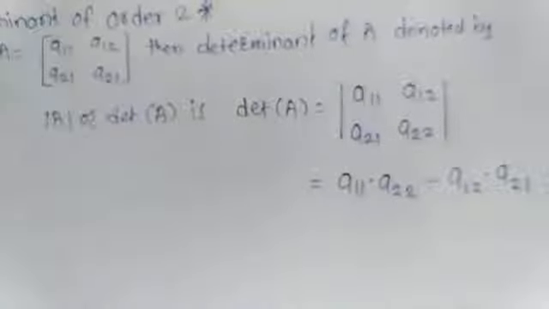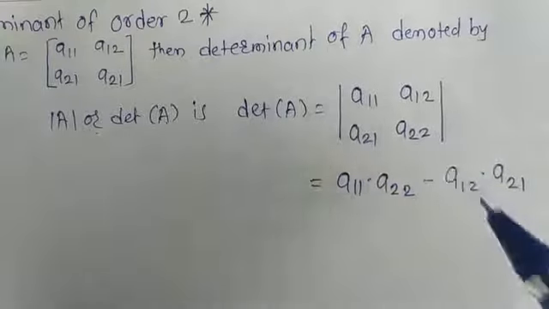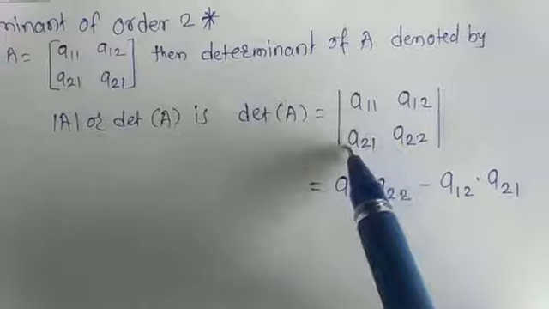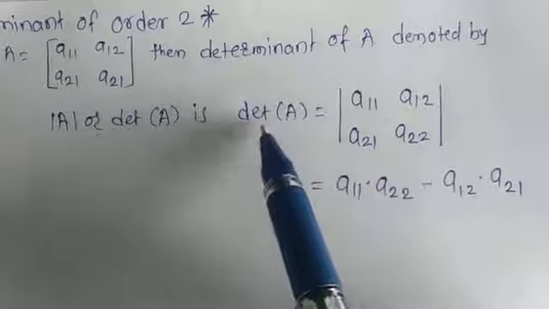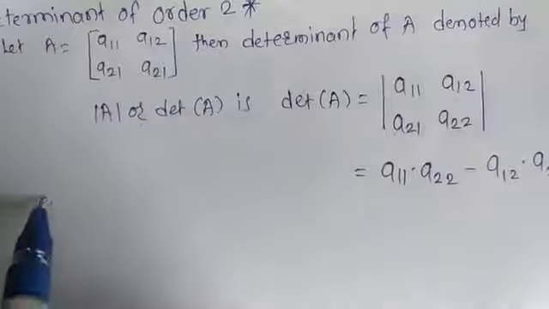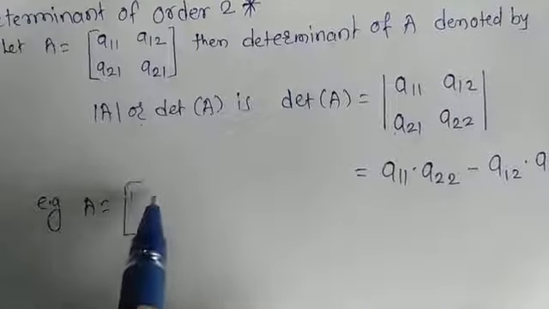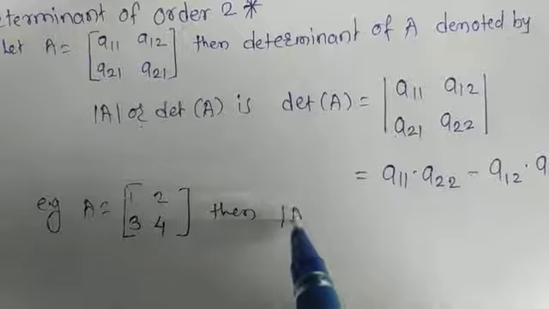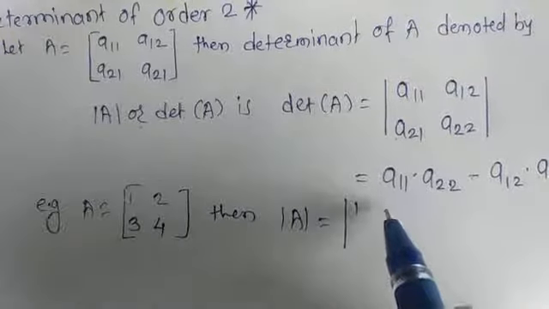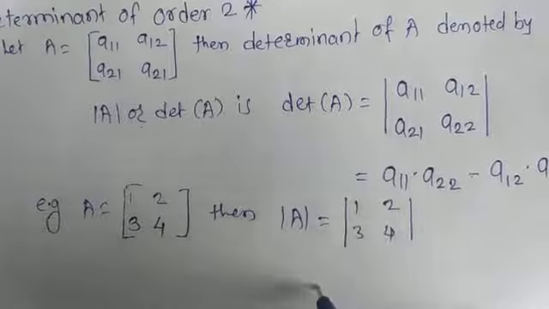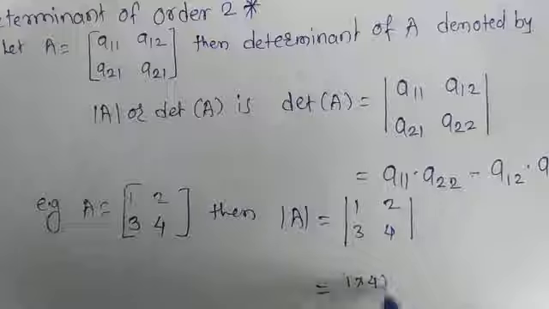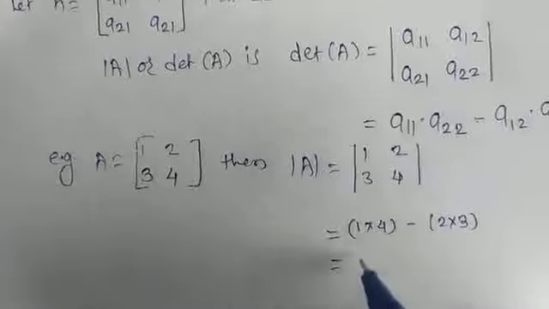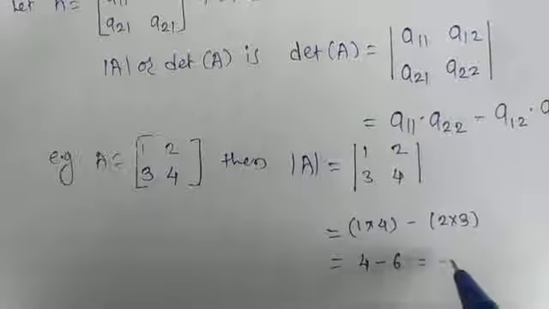Here our calculation will be A11 into A22, which is multiplication of diagonals, minus A12 into A21, which is our determinant of A. For example, if we consider a matrix A equal to [1, 2; 3, 4], then mod of A gives us 1 into 4 minus 2 into 3, which is 4 minus 6, equal to minus 2.